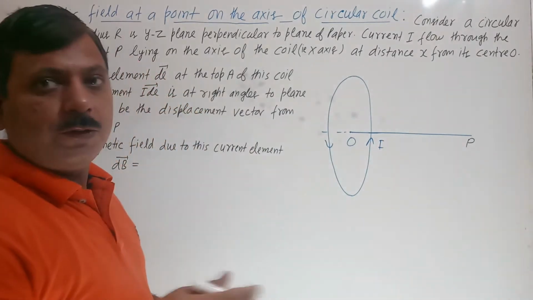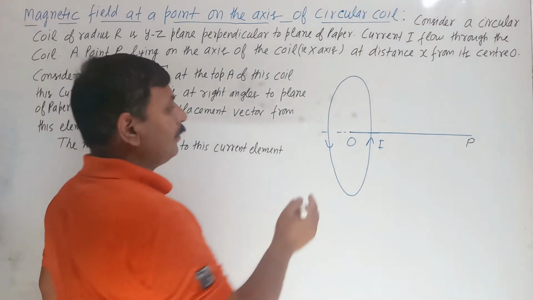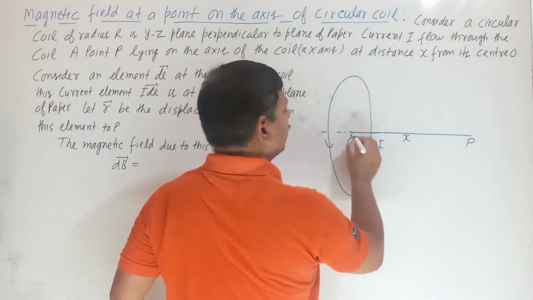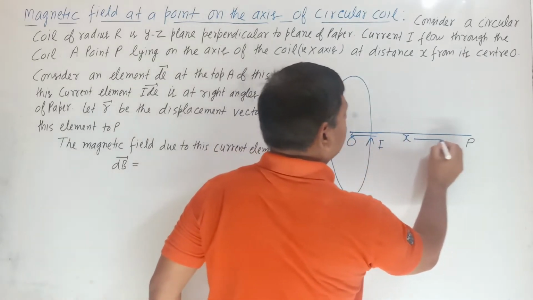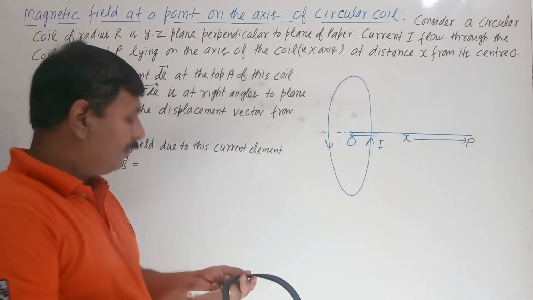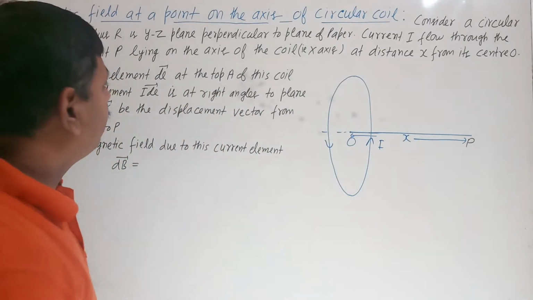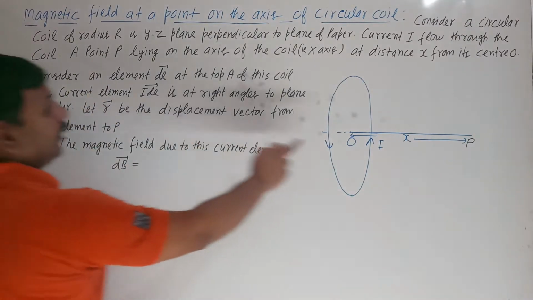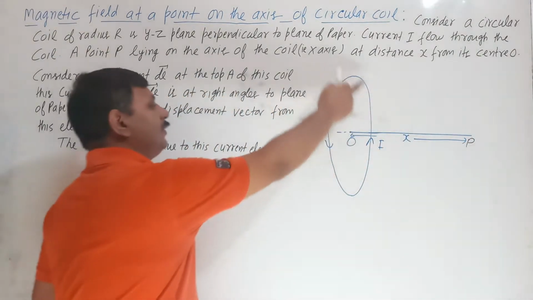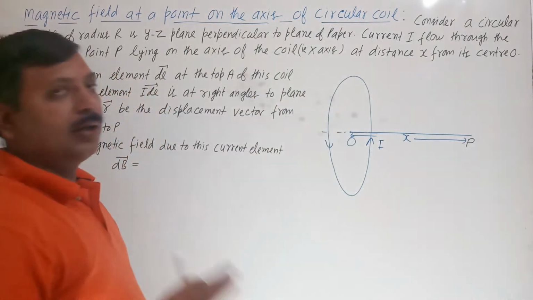Suppose we want to find the magnetic field intensity at distance x on the axis, at point P, due to this current-carrying circular coil.